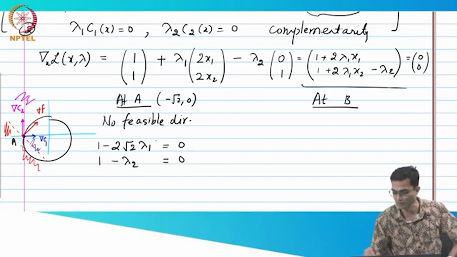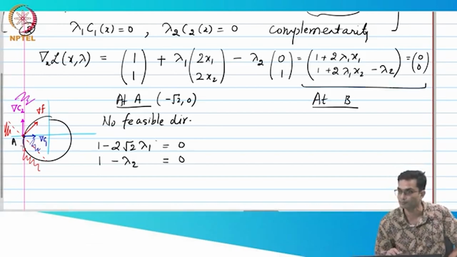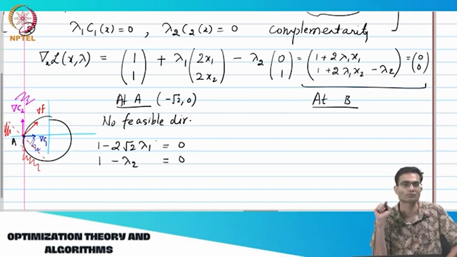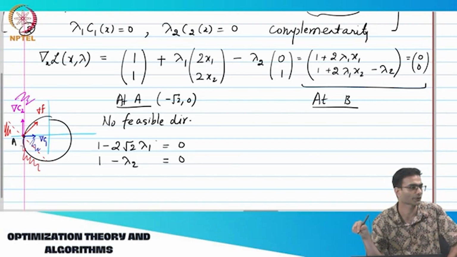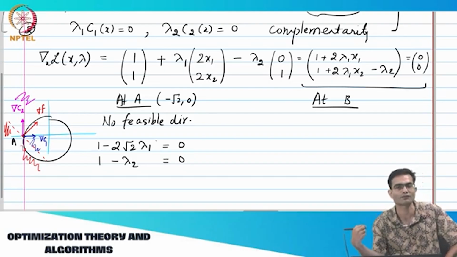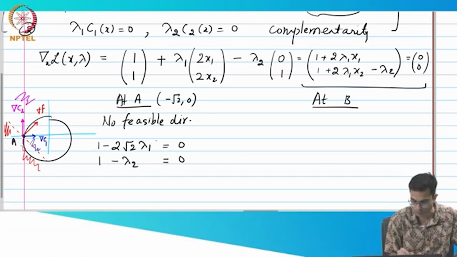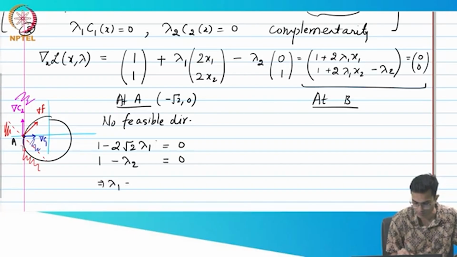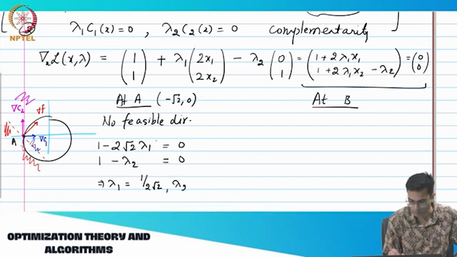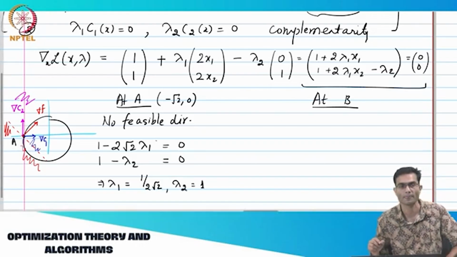I'm just using this condition over here. I substituted the values x1, x2 equal to minus root 2, 0, put them into this simple equation, and I solve for lambda 1 and lambda 2. So this gives me lambda 1 is equal to 1 by 2 root 2 and lambda 2 equal to 1.